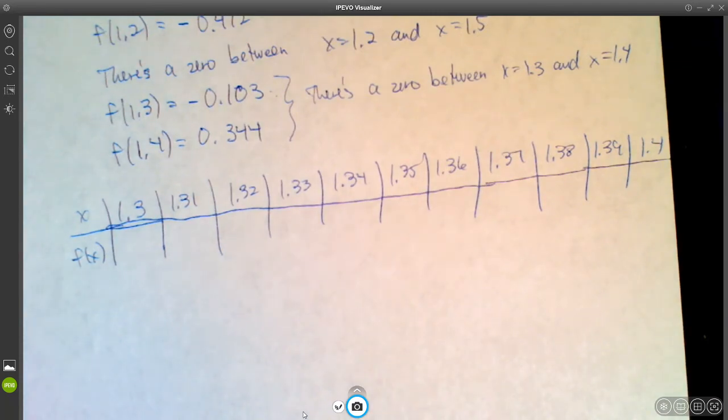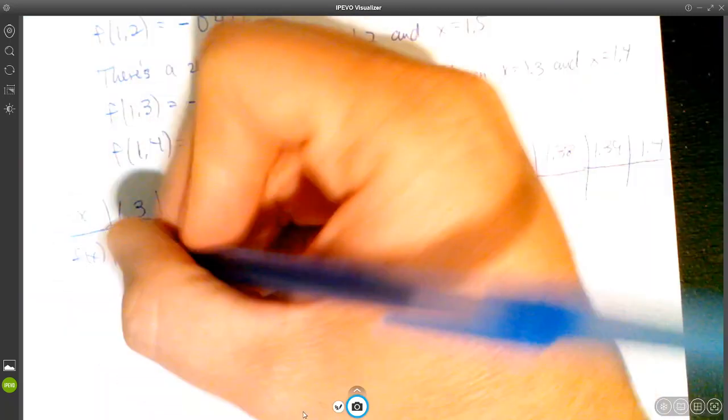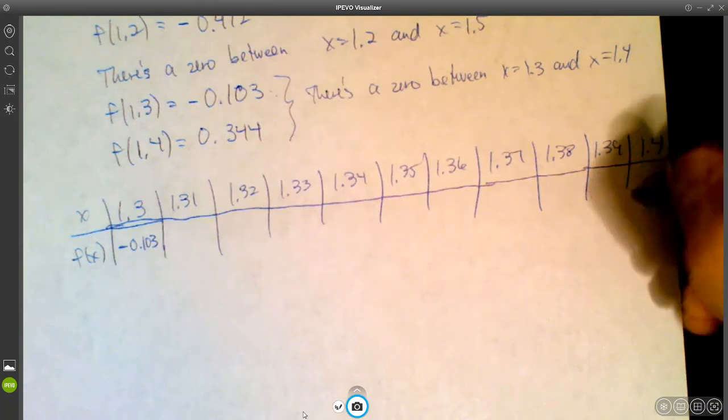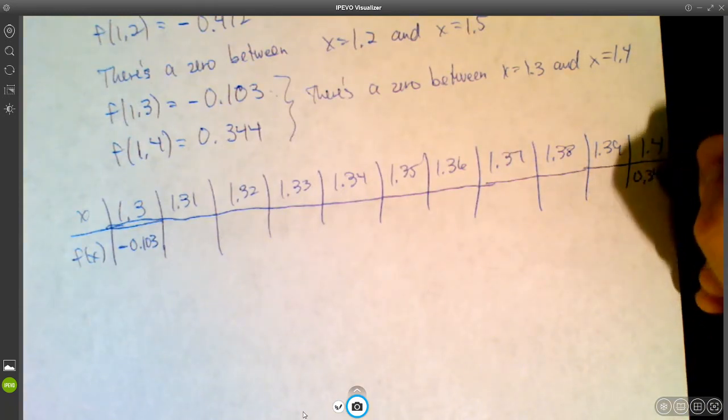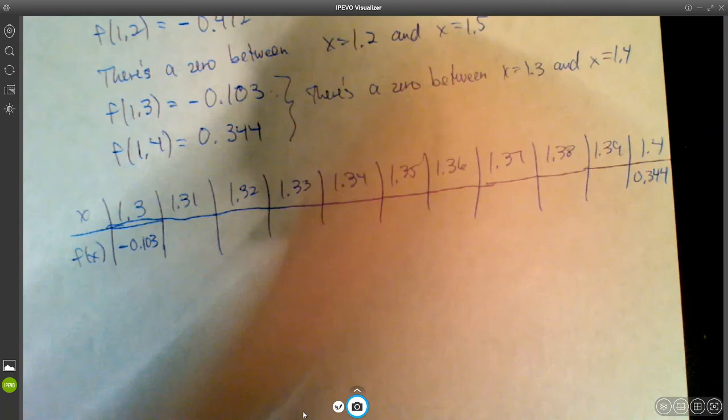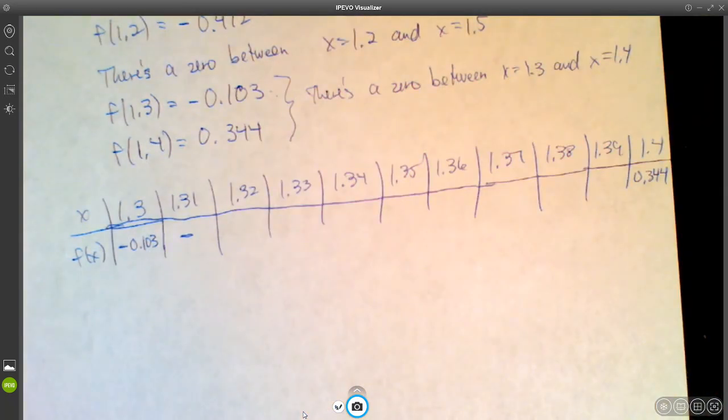But let's go back in. Actually, I know what 1.3 is. I know that it's negative 0.103, and I also know that this is positive. But I want to figure out where the change occurs. So I'm going to go back in and put in 1.31. That's still negative. I don't really care what the value is. I'm going to put in 1.32. Still negative.